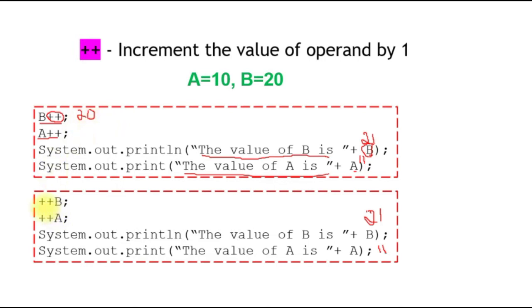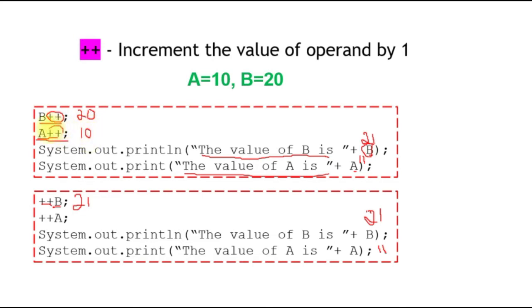Okay? Dito naman sa plus plus b, so meaning, mag-add na siya ng 1 bago pa ilagay yung value sa b. So dito, ang value ng b is 21 na po agad. Kasi nga nag-add na bago nilagay yung value sa b. Dito, hindi pa. So 20 pa lang. How about sa a++? A++ na statement, dito pa lang, 10 pa lang yung value.